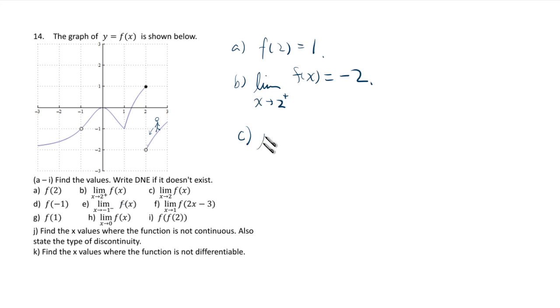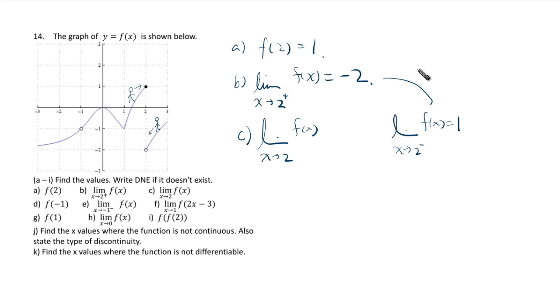Now part C is asking the limit as x goes to 2 of f of x. Well, this time the right limit is negative 2, however the left limit is 1, because if you are approaching 2 from the left, then what's happening to your altitude? Your altitude gets closer and closer to 1, so we know that the limit as x goes to 2 minus of f of x is 1, whereas x going to 2 plus gives you negative 2.